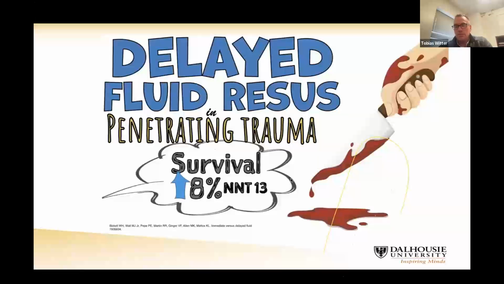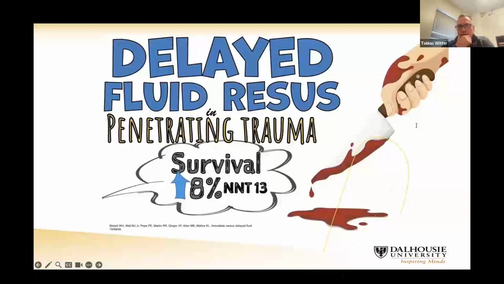Number needed to treat was 13. When we look a little bit more into the paper, the difference in systolic blood pressure, one group was 58, the other one was 59 at the scene, so not really that much different. On arrival in hospital, it was 79 versus 72. Also not that much different. And overall, the difference was 2 liters of Ringer's that one group got and the other one didn't. Once they hit the OR, the management was exactly the same and the numbers were the same.